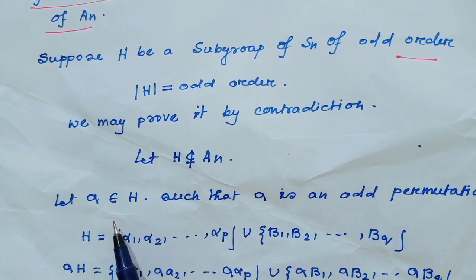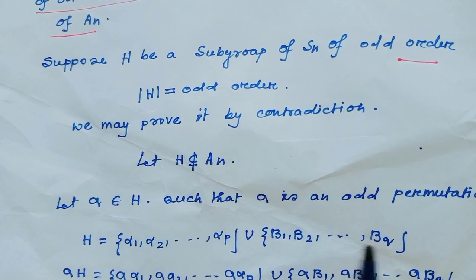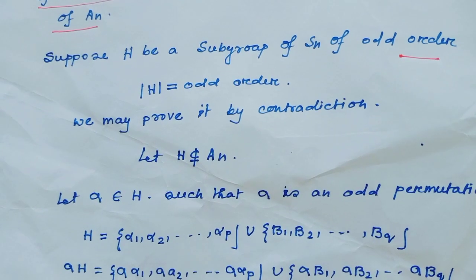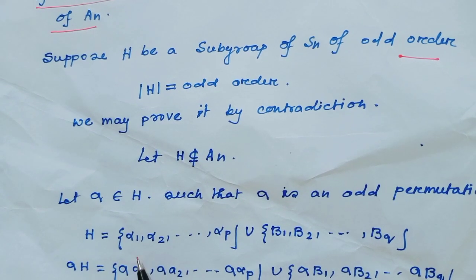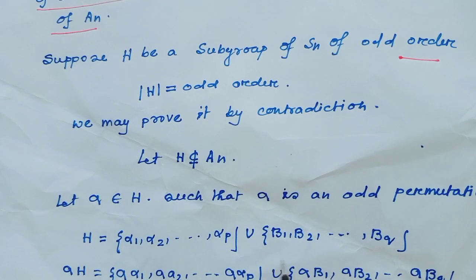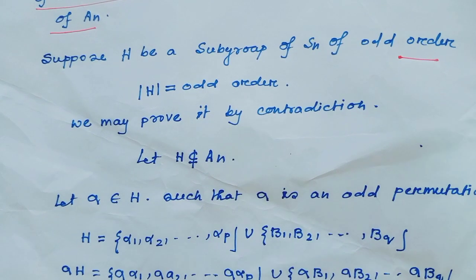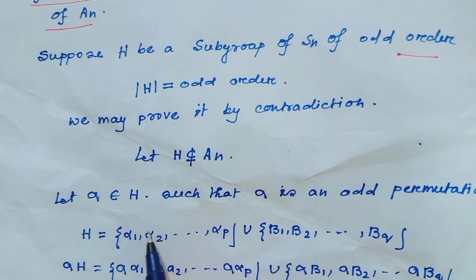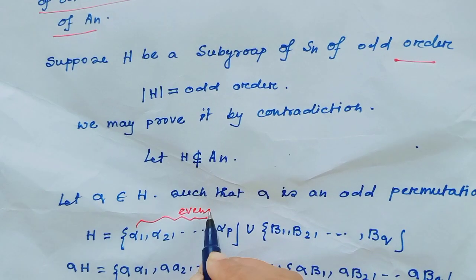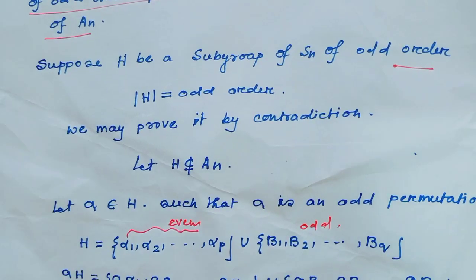Consider one cycle sigma belongs to A such that sigma is an odd permutation, and A is equal to the set containing the elements alpha 1, alpha 2, ..., alpha p union the set containing the elements beta 1, beta 2, ..., beta q. And consider this is an even number and this is an odd number.